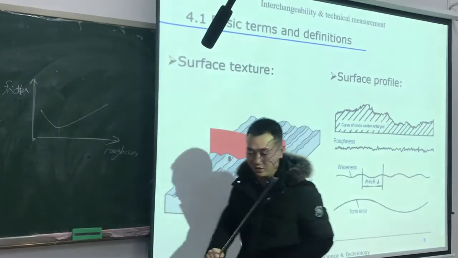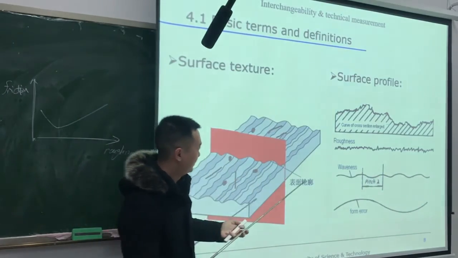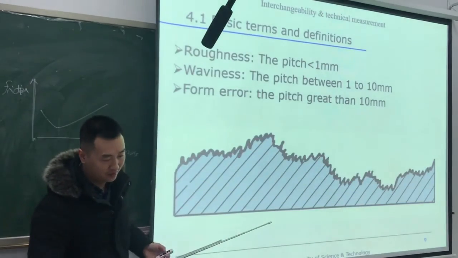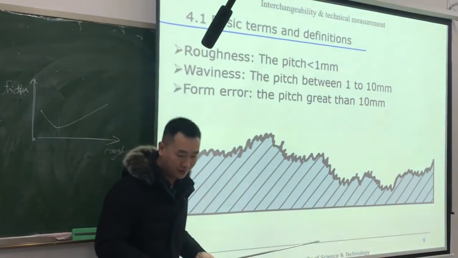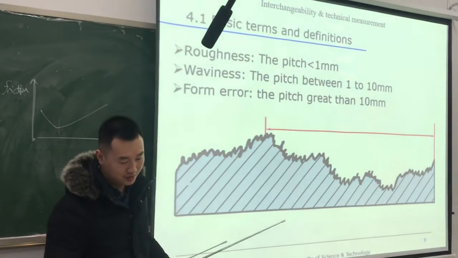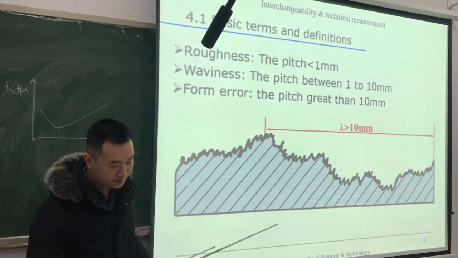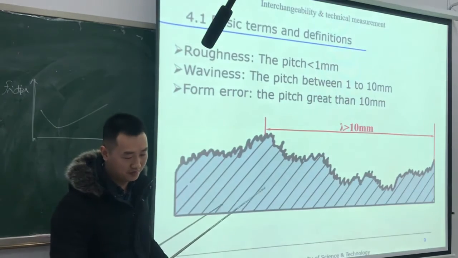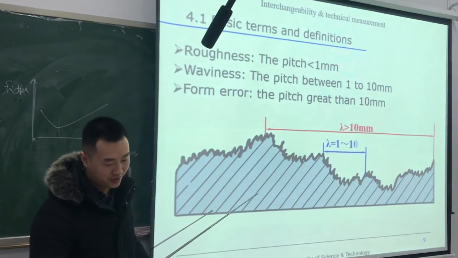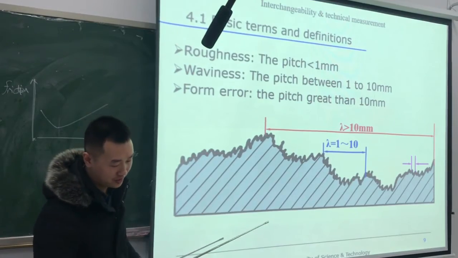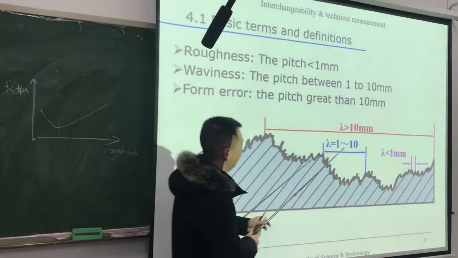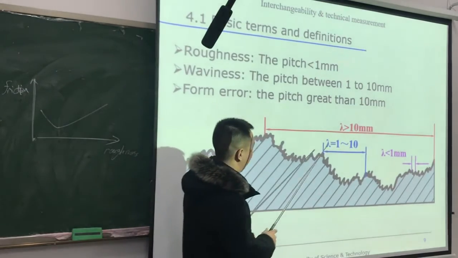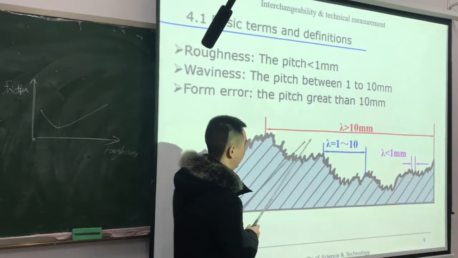How are the three components defined? The roughness is for a pitch smaller than 1 millimeter. For waviness, the pitch is from 1 to 10 millimeters, and for form error, the pitch is greater than 10 millimeters.